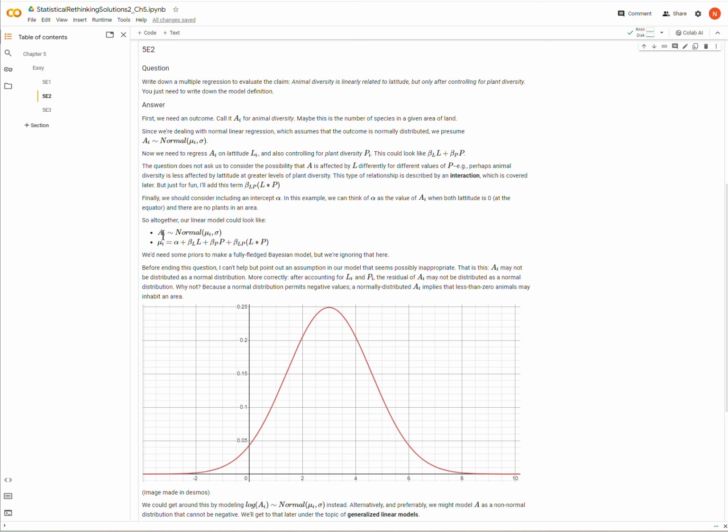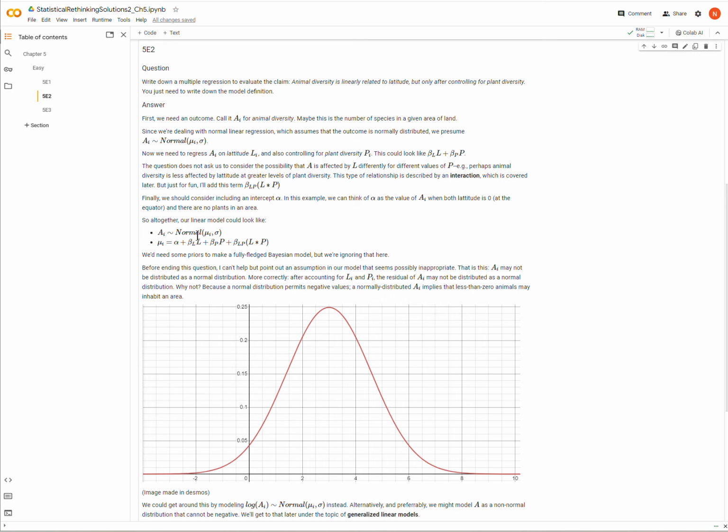And that assumption is that animal diversity is normally distributed. Or said more correctly, that after I control for latitude and plant diversity, what is left over, called the residuals of animal diversity, are normally distributed, right?